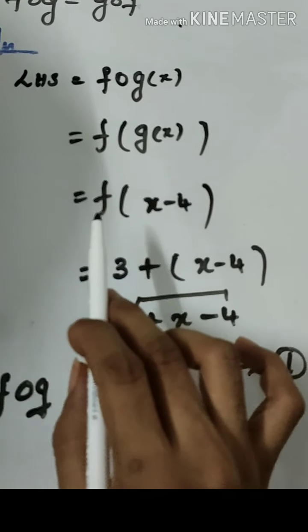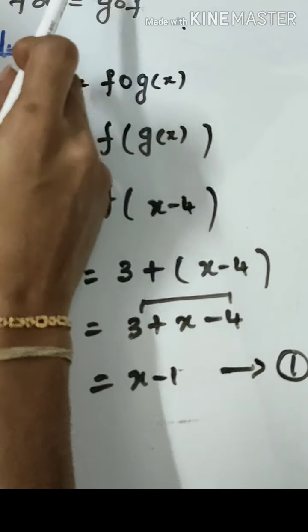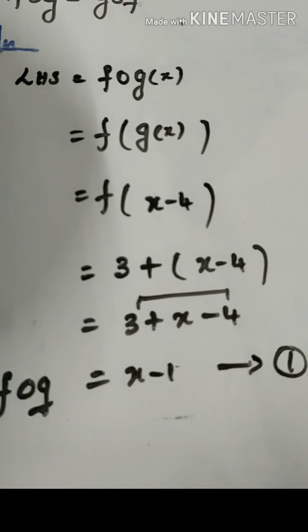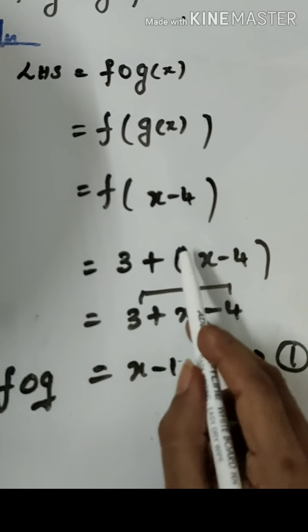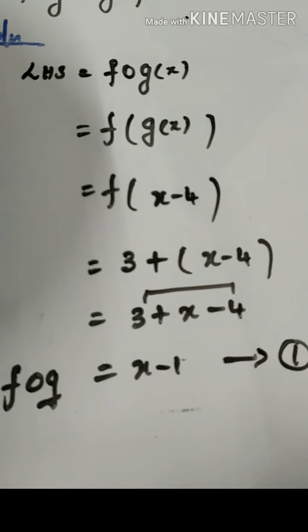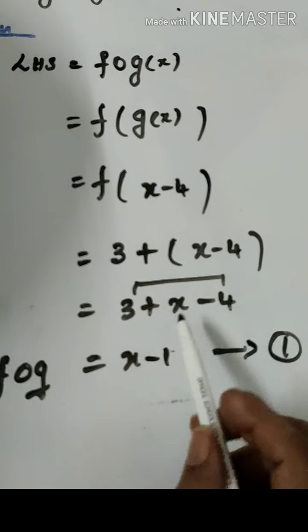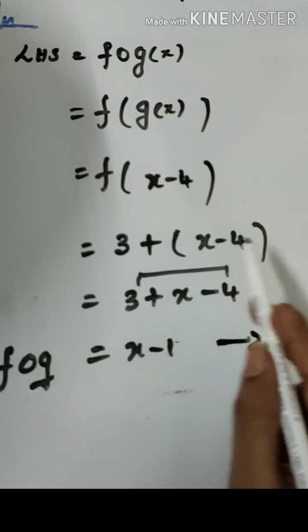And next, we move on to the outside function. What is that? f of x. f of x they have given here as 3 plus x. When you are writing the outside function, instead of x, you give the bracket. In this bracket, you write the above value, that is x minus 4. If there is nothing outside of the bracket, we can cancel the bracket.